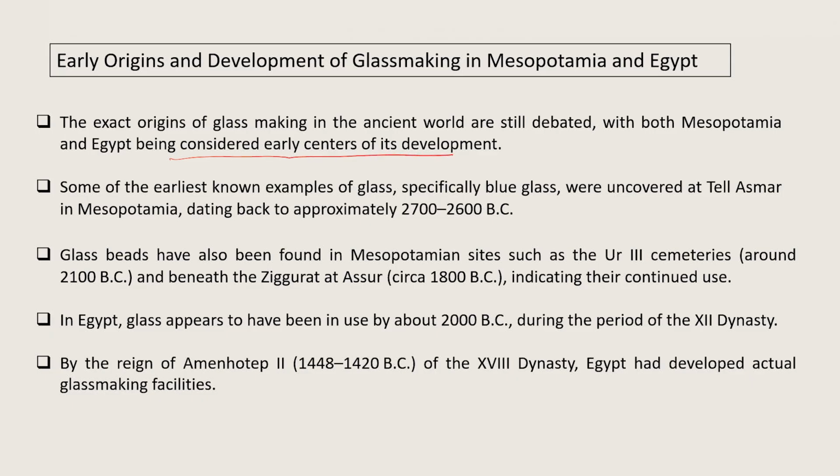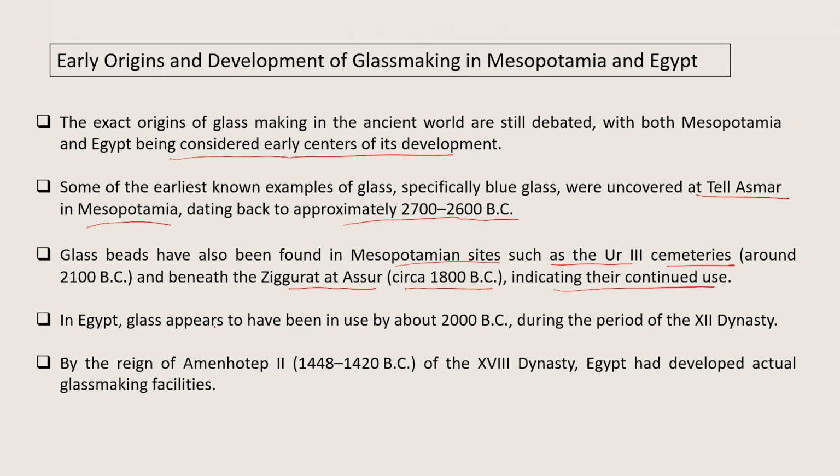Some of the earliest known examples of glass, specifically blue glass, were uncovered at Tel Asmar in Mesopotamia, dating back to approximately 2700 to 2600 BC. Glass beads have also been found in Mesopotamian sites such as the Ur III cemetery around 2100 BC and beneath the ziggurat at Assur circa 1800 BC, indicating their continued use.